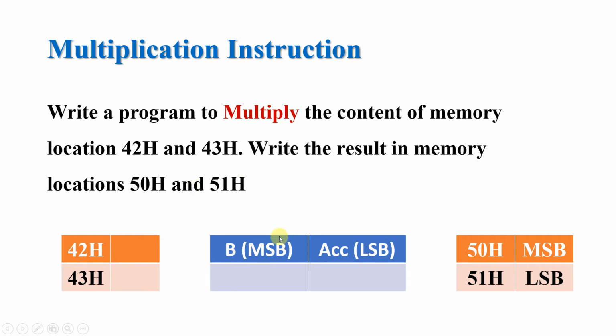You have to multiply them. The result will be in the accumulator and the B register, and then place the result back into 50 and 51, where 50 will hold the MSB of the multiplication and 51 will hold the LSB of the multiplication, most significant byte and the least significant byte.